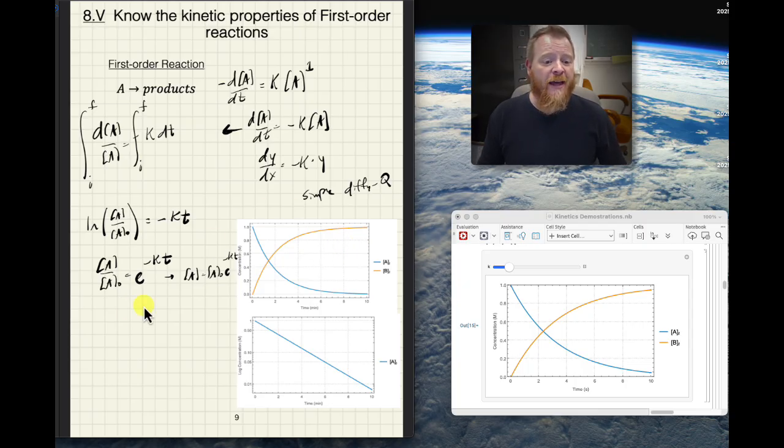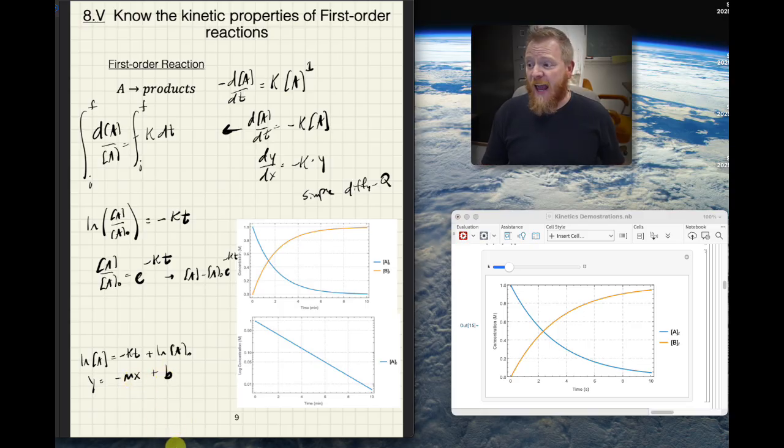On the other hand, if we were to keep this in the natural log form and expand that out, natural log of A, with just a little bit of algebra here, is going to end up being negative kt plus the natural log of A naught. You can see now we're able to make a straight line out of that, y equals negative mx plus b.